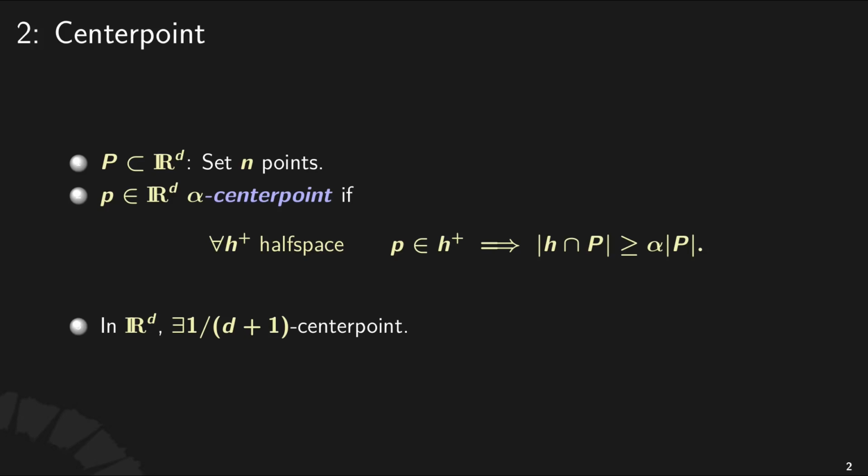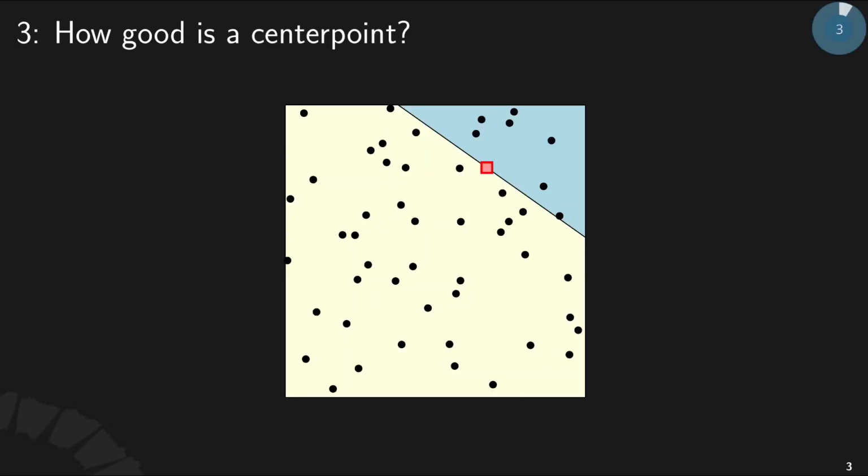And it's well known from the 30s that there is always a 1 over d plus 1 center point in d dimensions. A natural question is to ask how good of a center is a given point. So I give you a point, like this red point in this slide, and I go over all the half spaces that contain it.